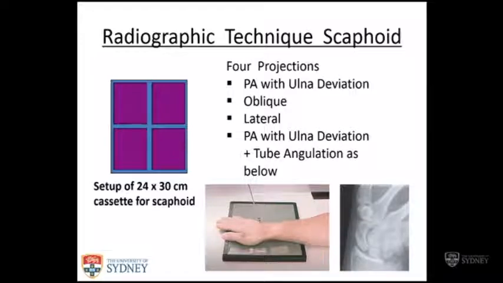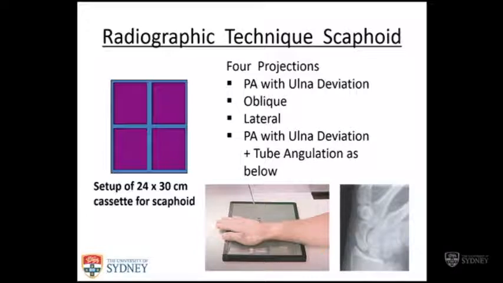So your PA, the only difference is this. Put your hand flat on the table, bend as if you're doing a normal PA wrist. Draw your fingers up a little bit. Then all you do is ulnar deviate. Turn your wrist towards the ulnar. That's all you do. Just how much?